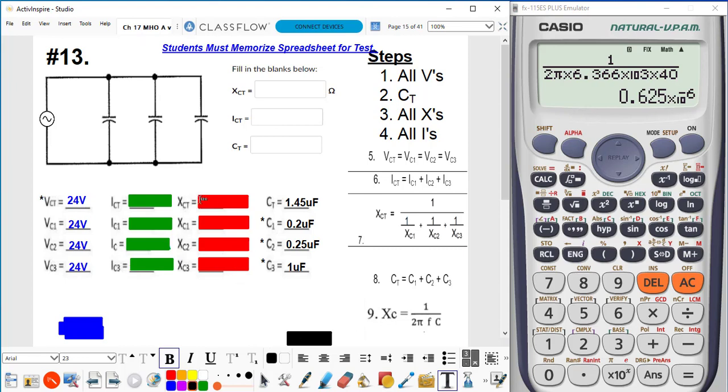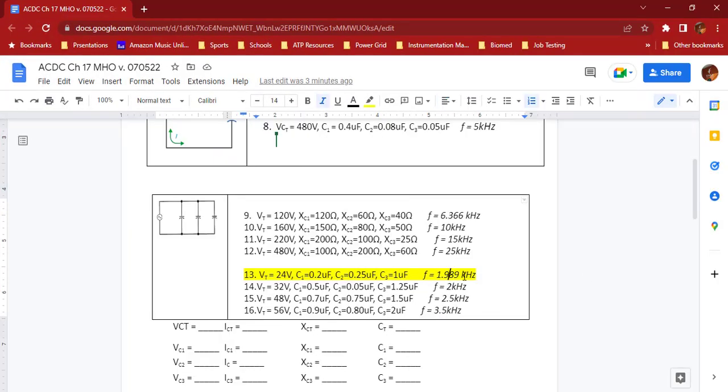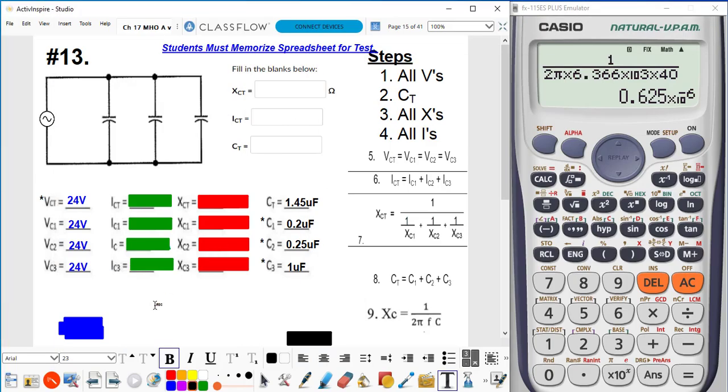So to find my XCT, I'm going to use CT. And let's see, I need my formula. I need my frequency. And if I look on my math handout here, it shows me that my frequency is 1.989 kilohertz. So let's put that on the screen so we'll have that for reference.